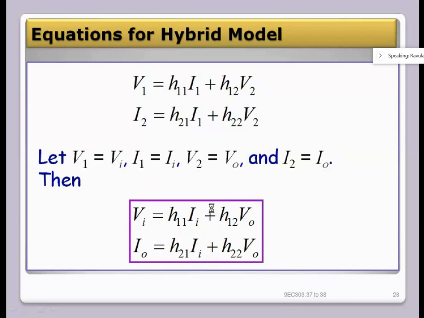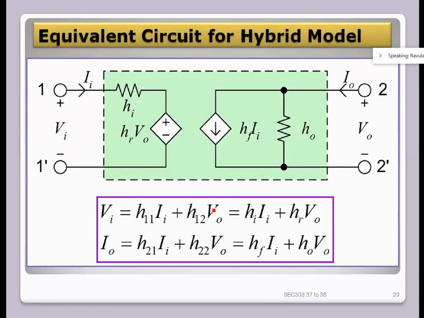So here is the equivalent circuit for the hybrid model. That means the internal circuit we are drawing for the two-port network. For this two-port network, internally it has some impedance and a voltage source. At the output side, it has a current source and output impedance.